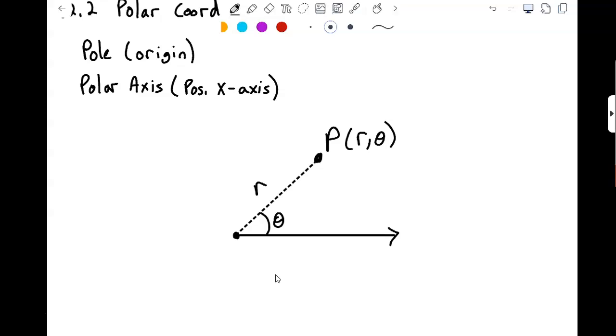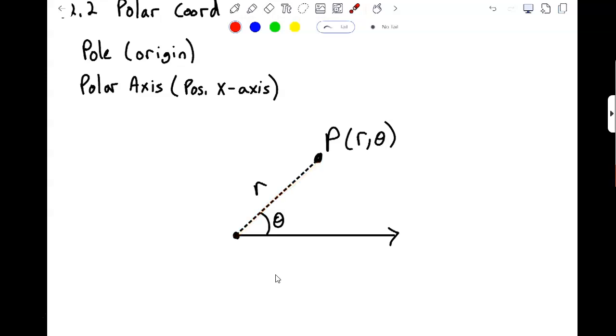Okay, so that's the idea of how we label something. Instead of looking at its horizontal and vertical displacement from the origin, we look at the distance from the origin to the point. How far is that? And what direction would we need to set off from? And notice that you can describe any point in the plane by doing that, by stating how far you need to travel and in which direction.